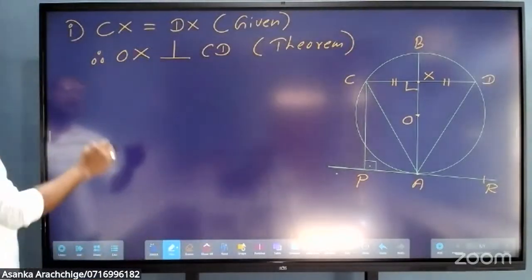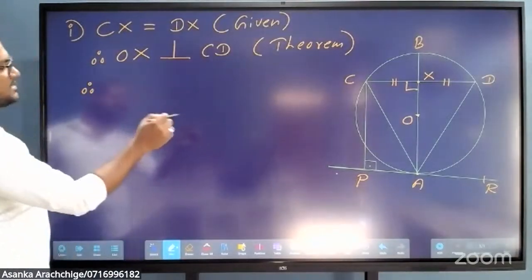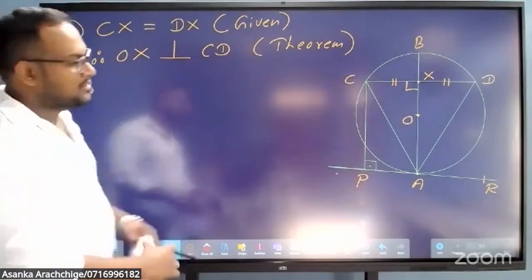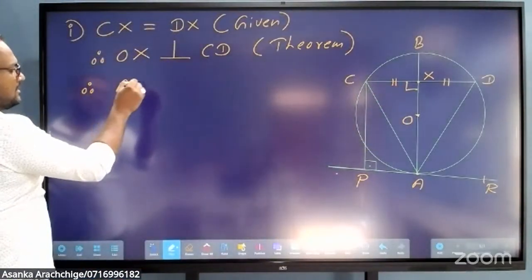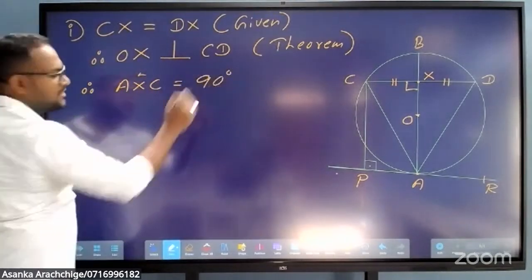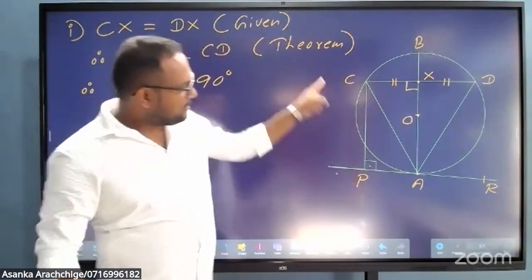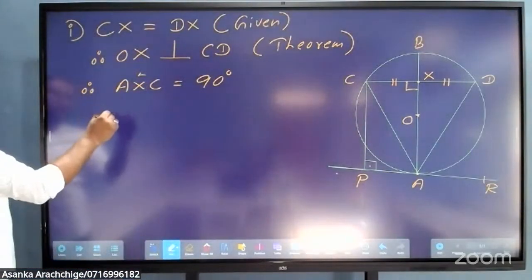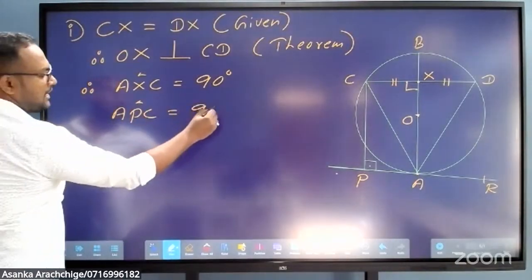Therefore, you can say angle AXC is equal to 90. And you can say angle APC is also 90.